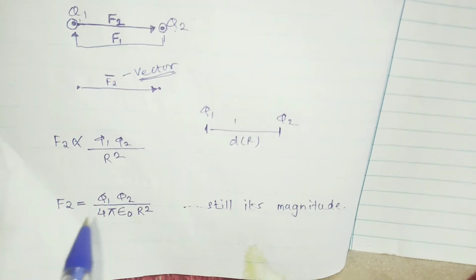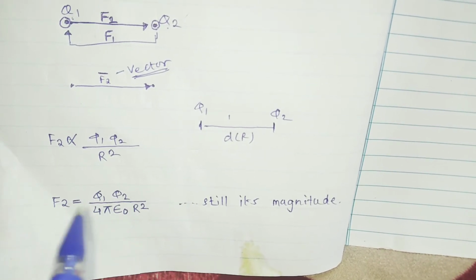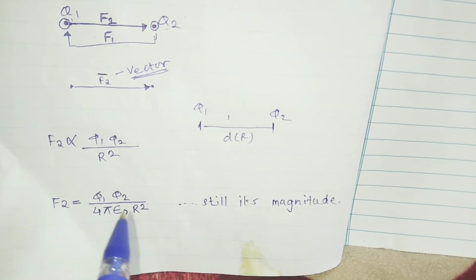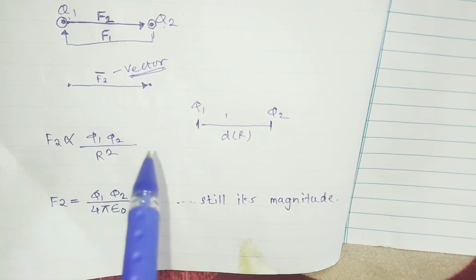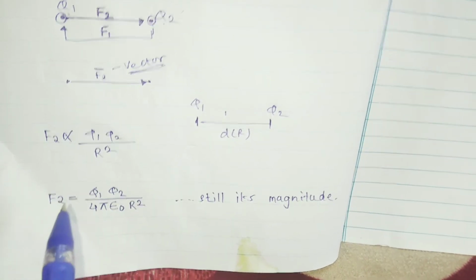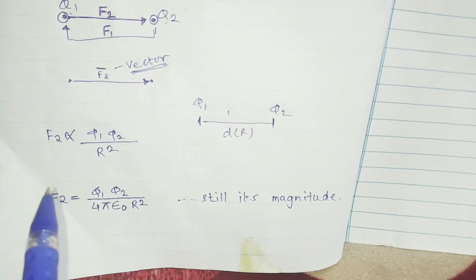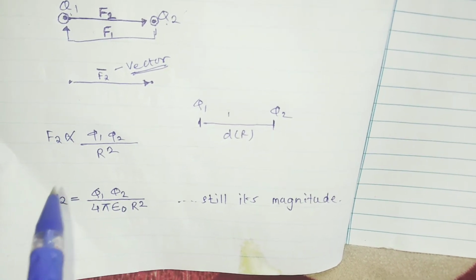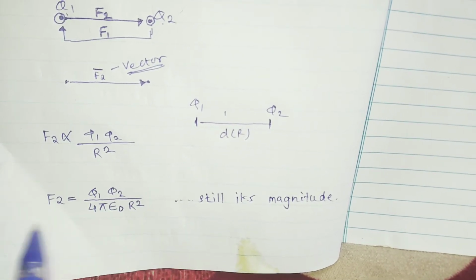If I add a constant here, then f2 is equal to q1 q2 upon 4 pi epsilon 0 r square. This is my formula for f2, but this is still magnitude because I have not given bar here. I have not calculated the direction of f2, so this is still only the scalar part.